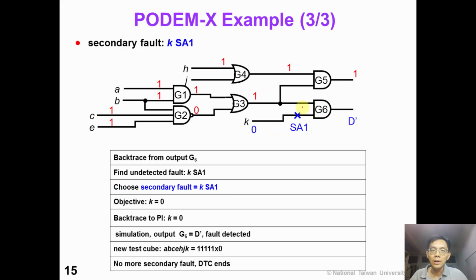So now our target fault is K stuck-at-1. Our objective is to assign K to 0. After the simulation, D prime reached the primary output, so the fault is detected. Now the test cube is 11111X0. Because all the outputs have been specified, the dynamic test compression ends here.